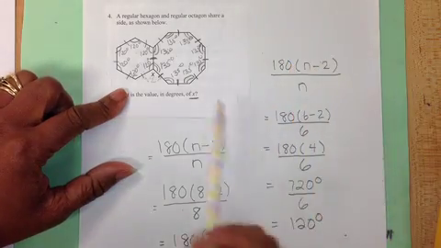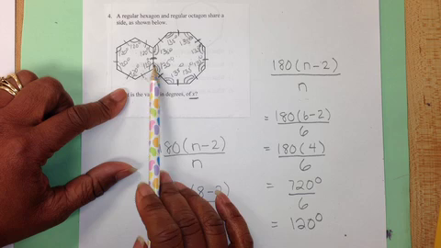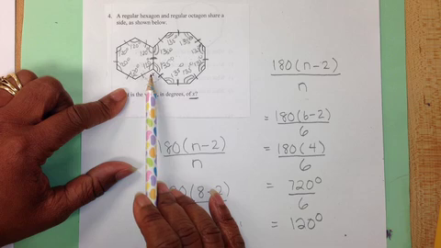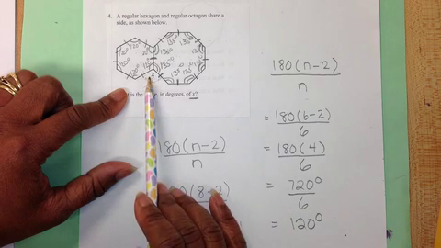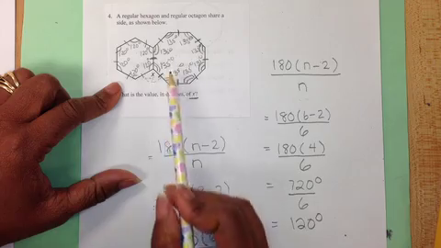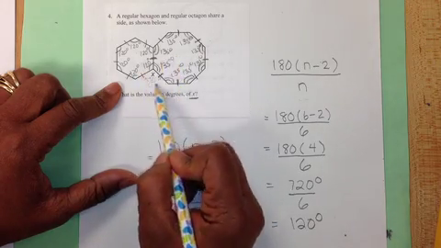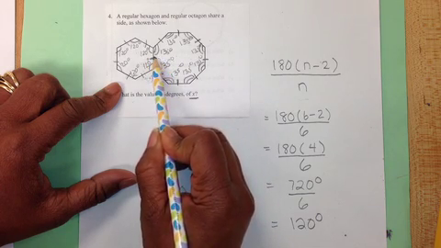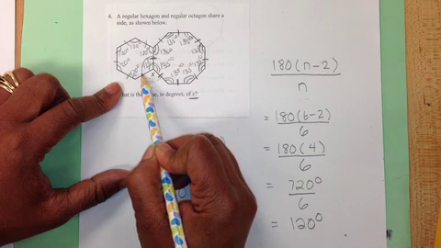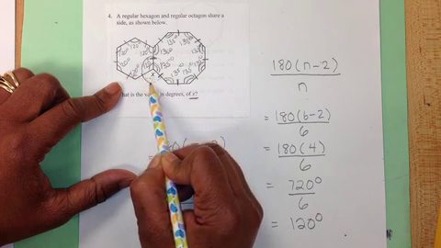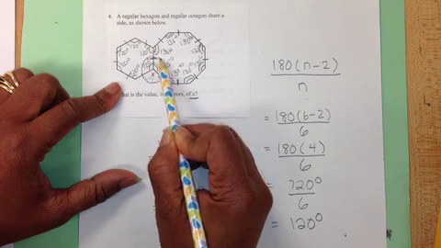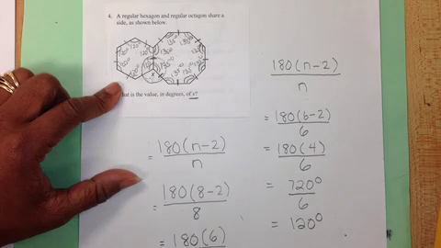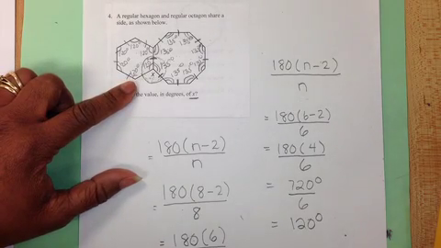Now that I have found the two angles that are adjacent to the angle that I want to find, I have to find a relationship between all three angles. If you notice, this angle, angle x, and the angle of our octagon form a circle.